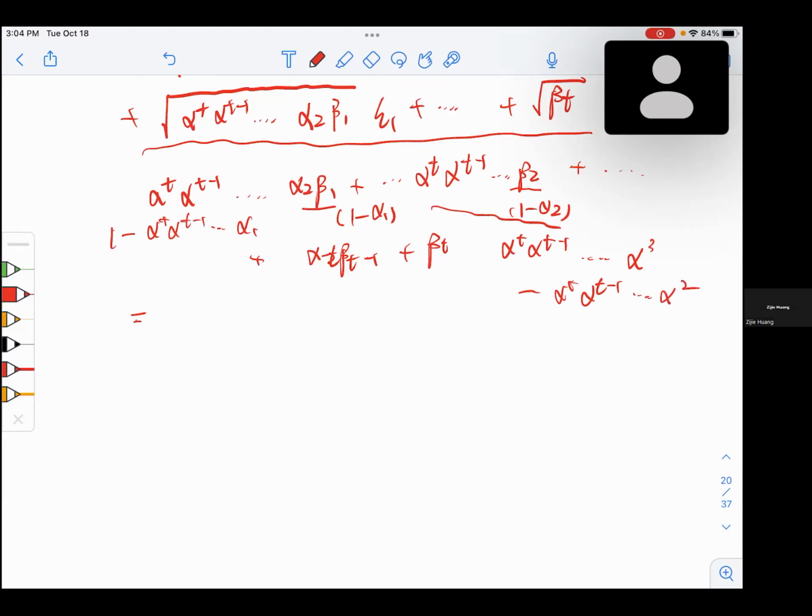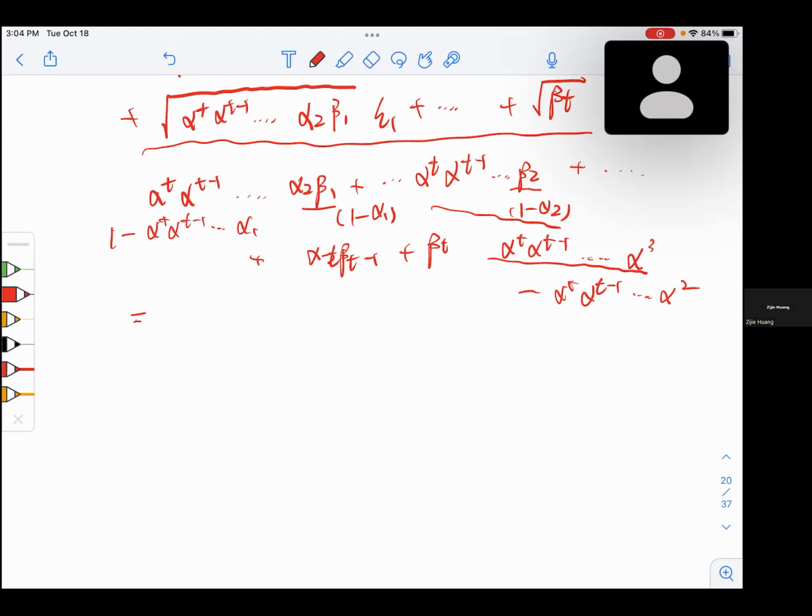So for each of these terms, the first term will be cancelled by the negative term in the next term.